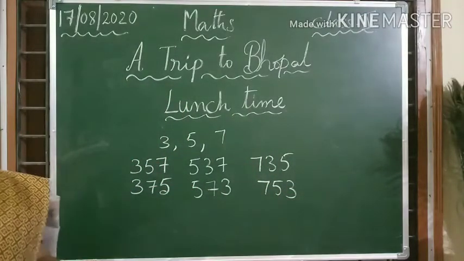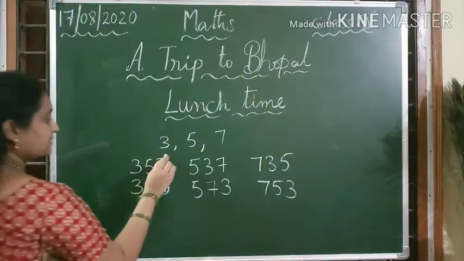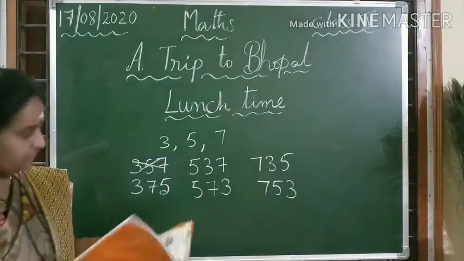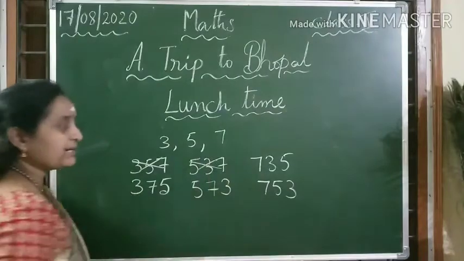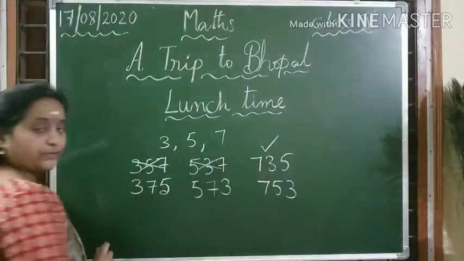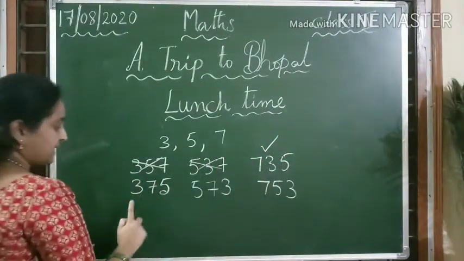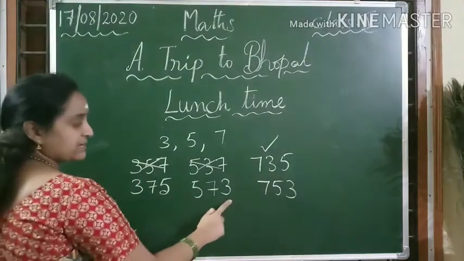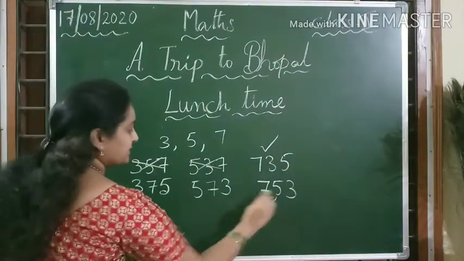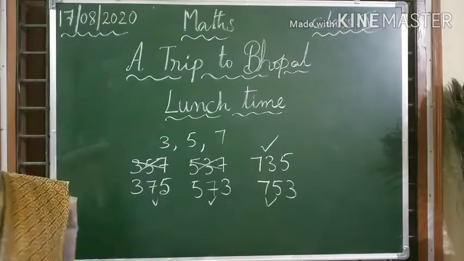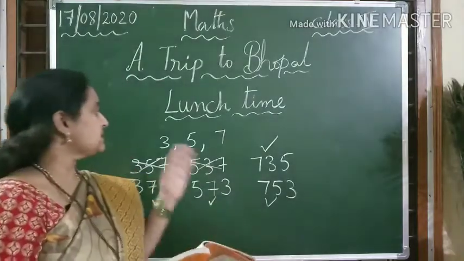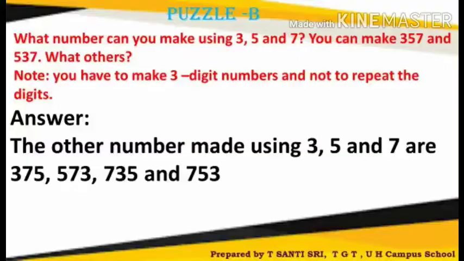So in that we have been given 357 and 537. So what are the remaining? We need to write 735, 375, 573 and 753. These are the required numbers that we can form using these 3 digits.